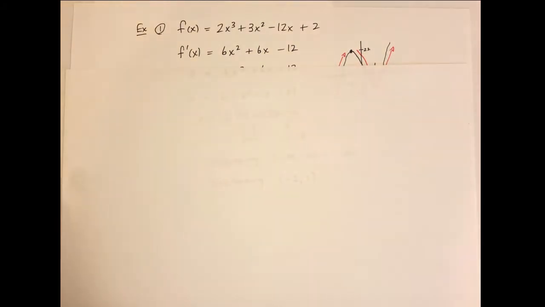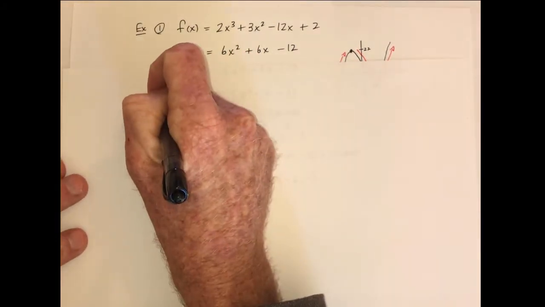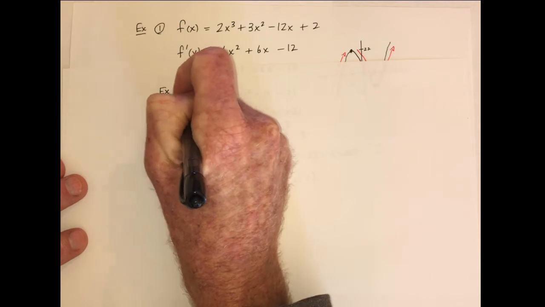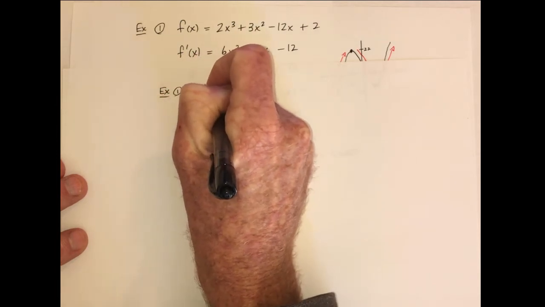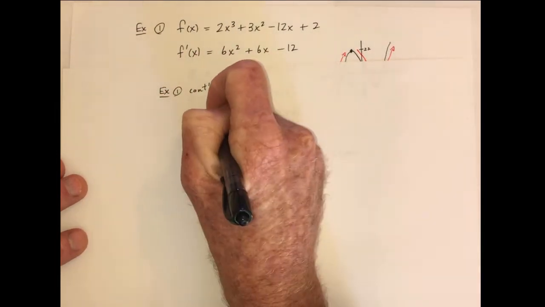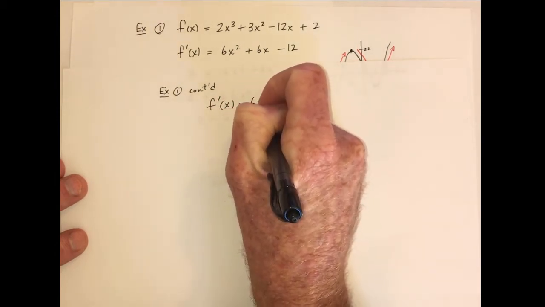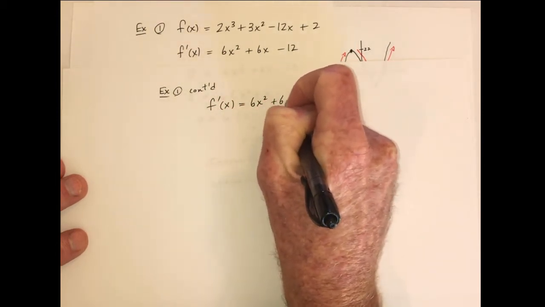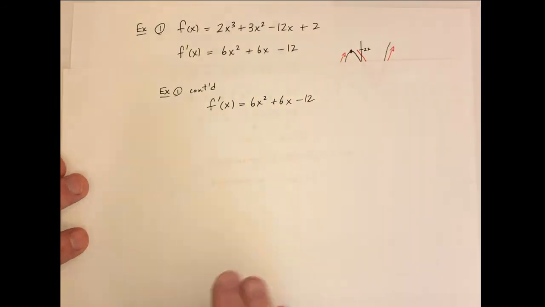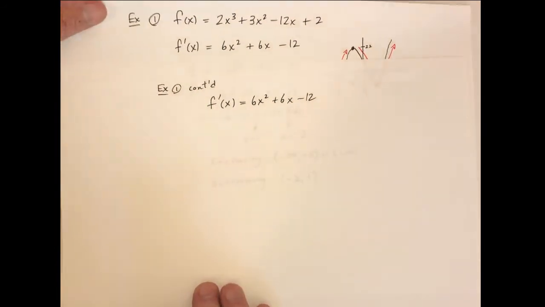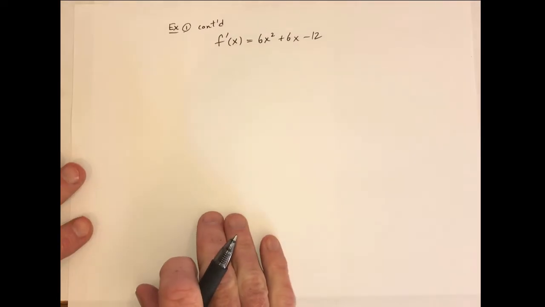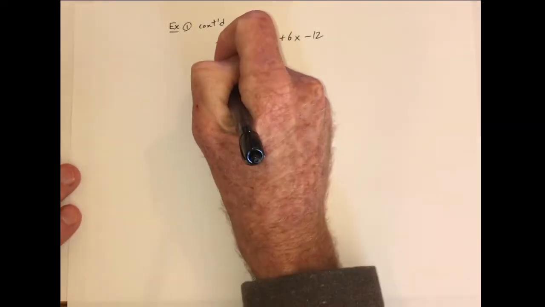So this is example number 1, continued. So we've got the first derivative equals 6x squared plus 6x minus 12. Then what about the second derivative?